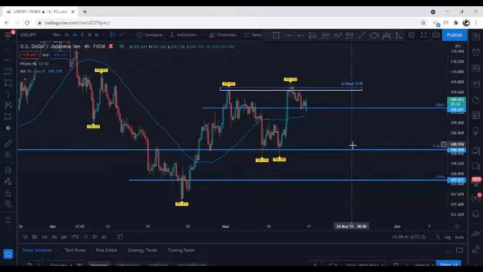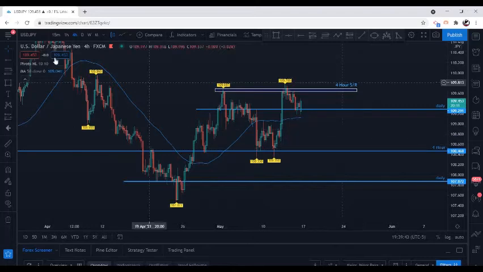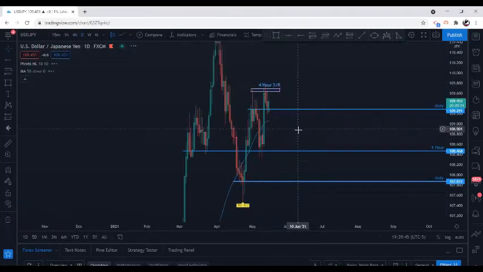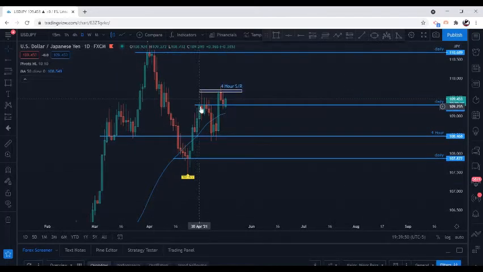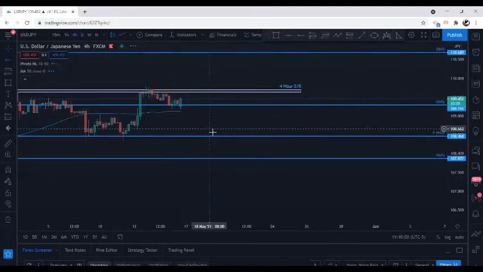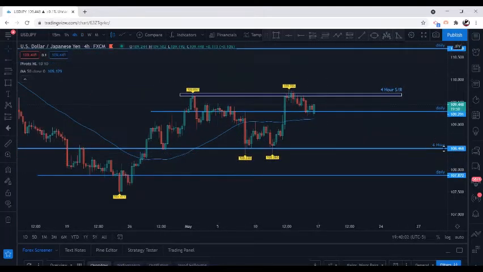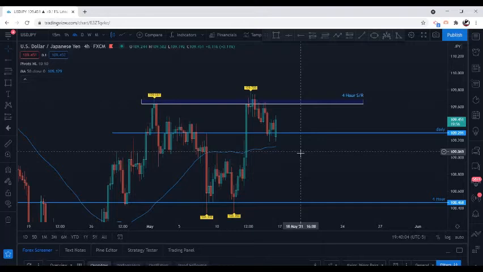On our daily chart, we can see that price formed a level right here, and we got a strong close above this level a few days ago, and right now we're currently trading above this daily level.